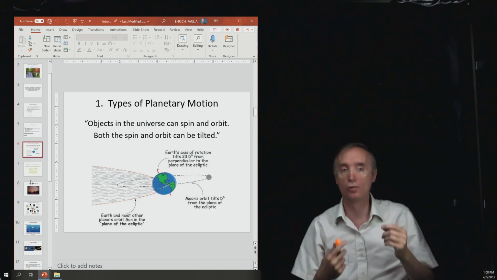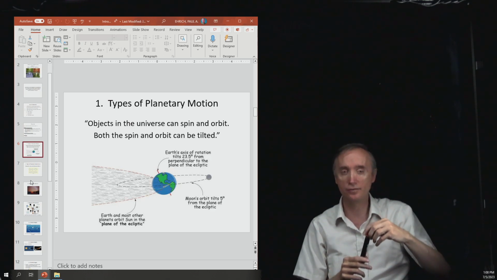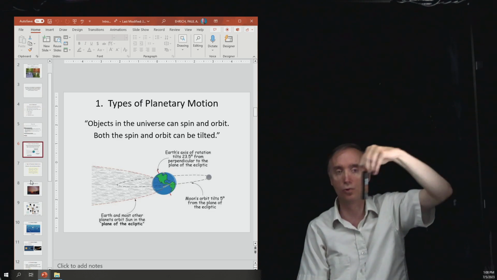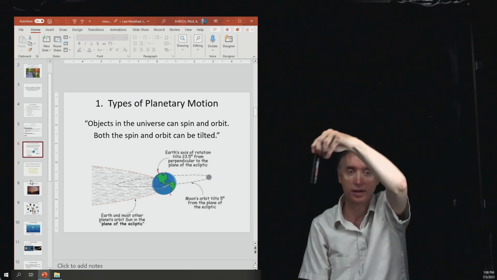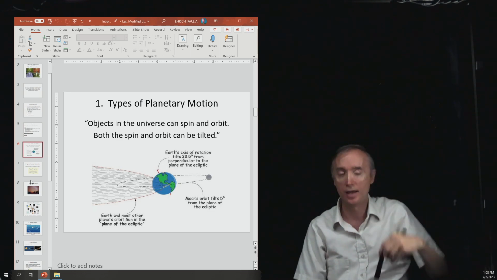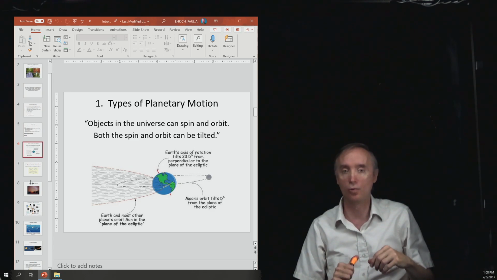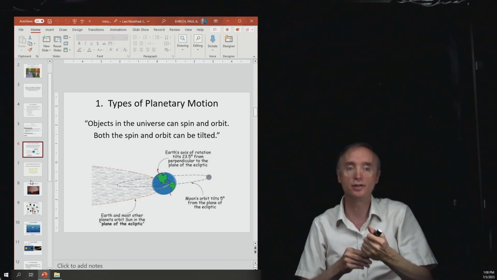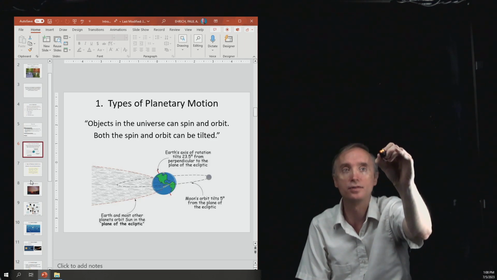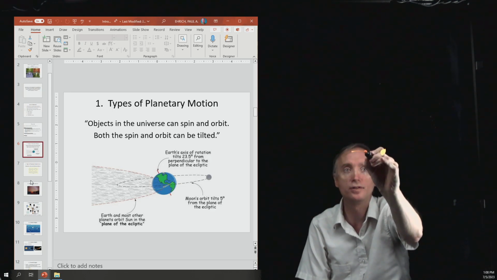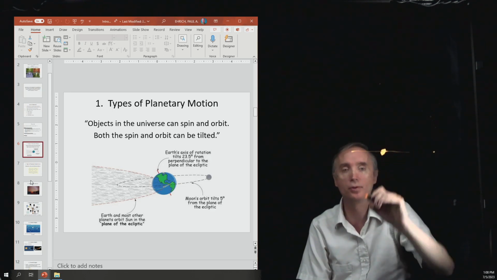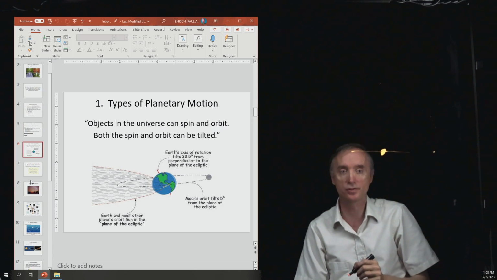Okay, what about the orbit? So you have differences in the orbital speed as you go around the sun, and then there is also the orbital tilt. So if this is the sun, and then you were to draw a perpendicular to it, that's the plane of the solar system.